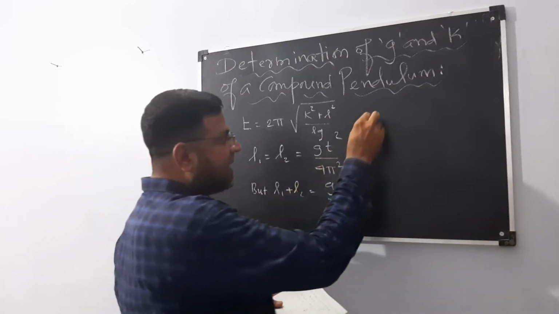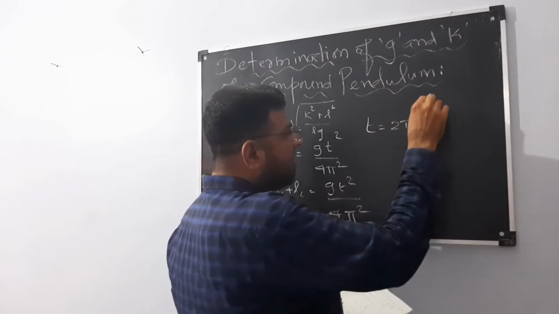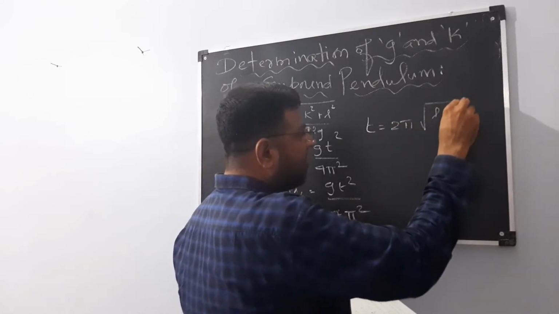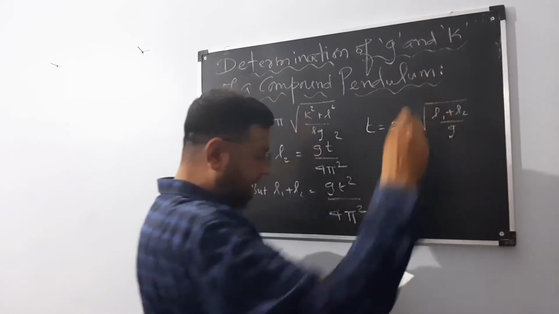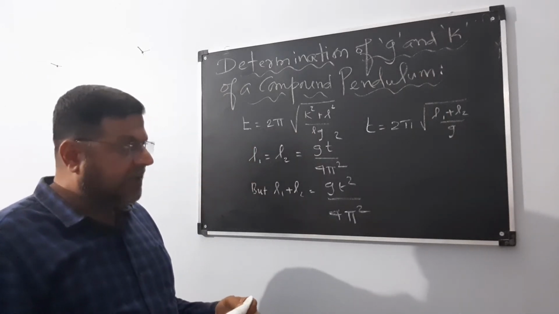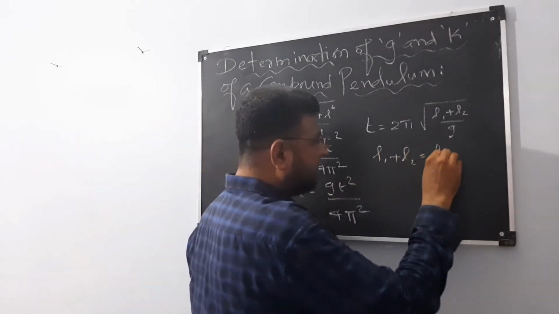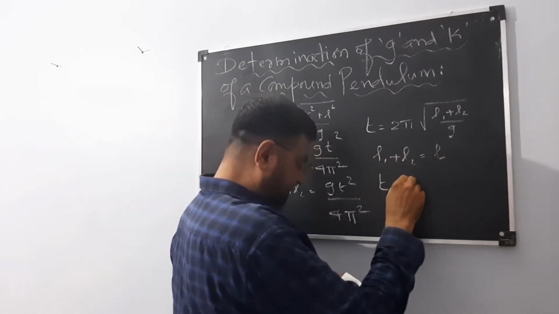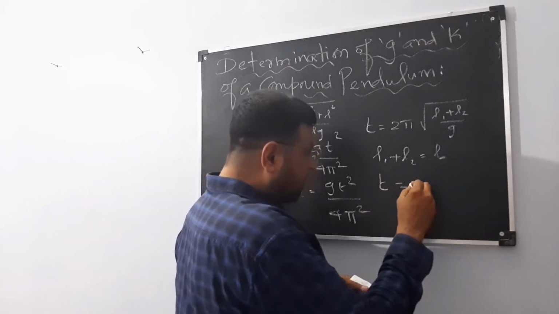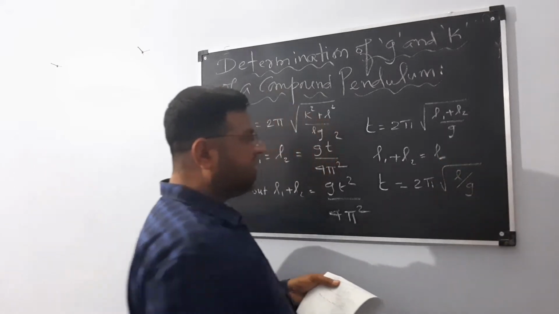But when we add these two, L1 plus L2 is equal to g T square. Therefore, we can write T is equal to 2 pi into root of (L1 plus L2) by g. For a simple pendulum, L1 plus L2 is equal to L. Therefore, we can write T is equal to 2 pi into root of L by g.